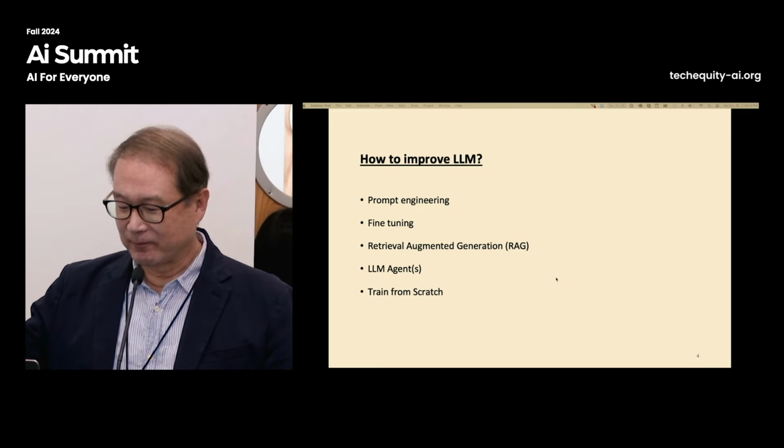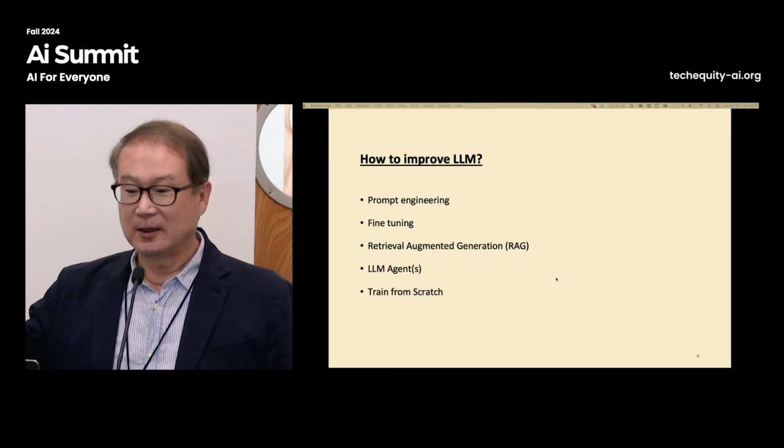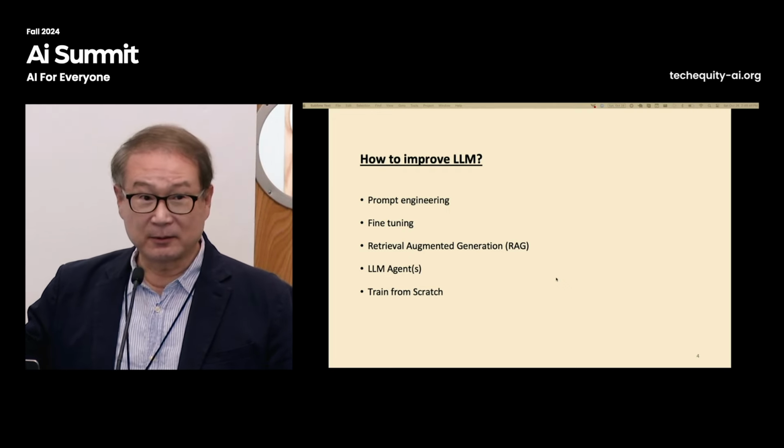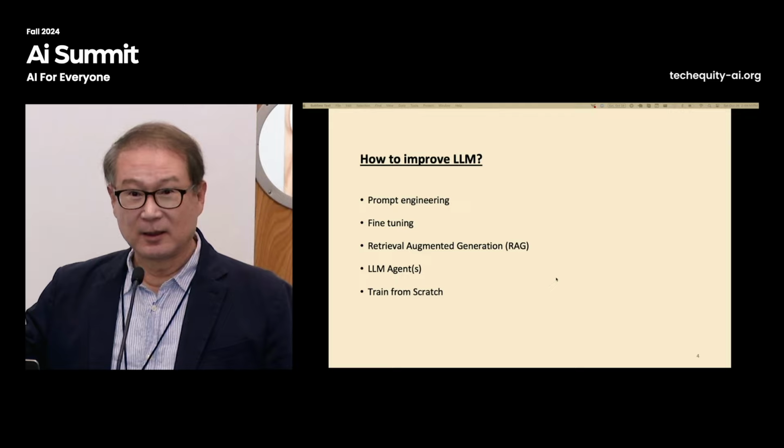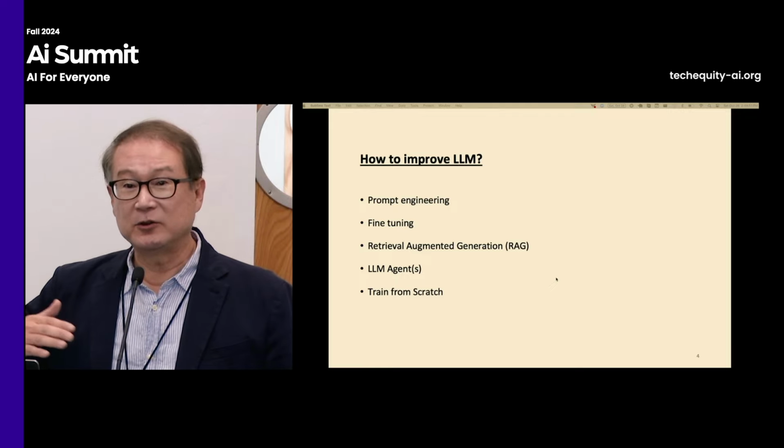That's prompt engineering. Fine-tuning is where you fine-tune an LLM based on your domain knowledge. The LLM is trained on general knowledge, probably trillions of tokens, say 5 trillion, and those are general-purpose LLMs.